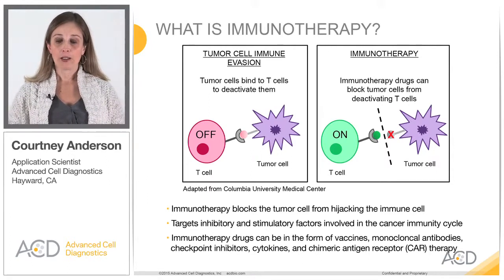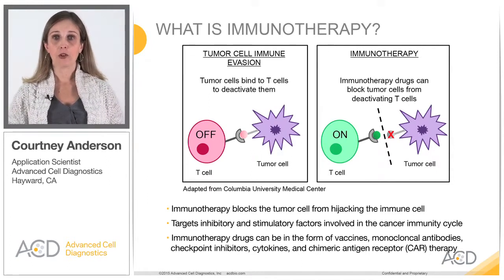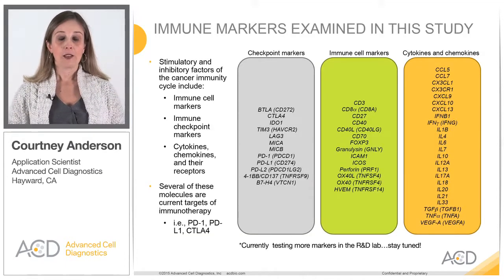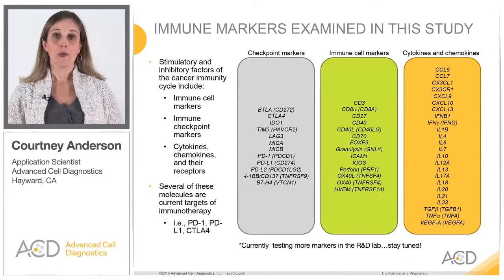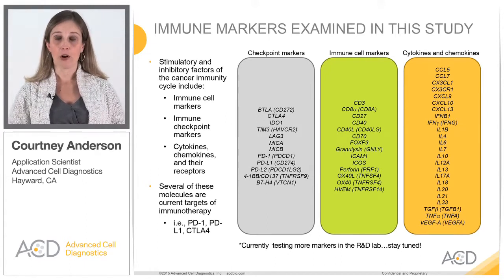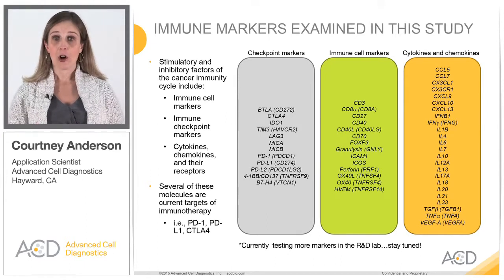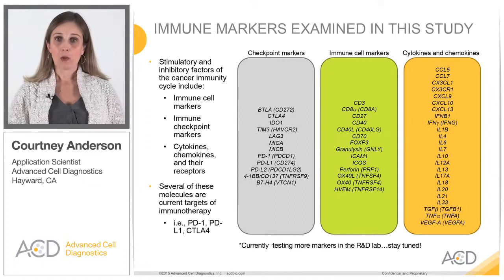And immunotherapy drugs can be in the form of either vaccines, monoclonal antibodies, checkpoint inhibitors, cytokines, and chimeric antigen receptor or CAR therapy. And stimulatory and inhibitory factors of the cancer immunity cycle can include immune cell markers, immune checkpoint markers, and also cytokines, chemokines, and their receptors. And several of these molecules are actually current targets of immunotherapy, such as PD-1, PD-L1, and CTLA-4.